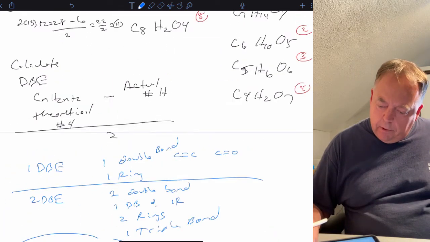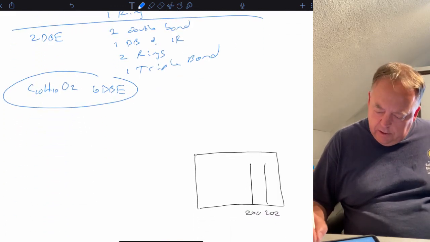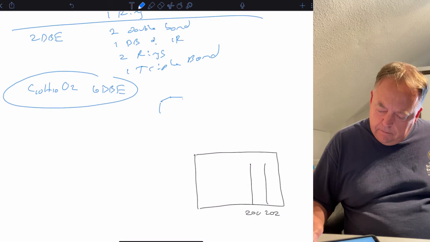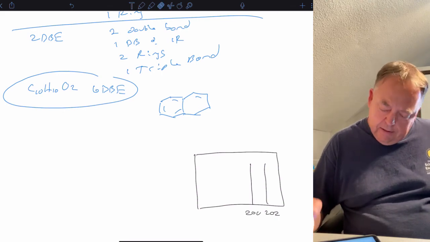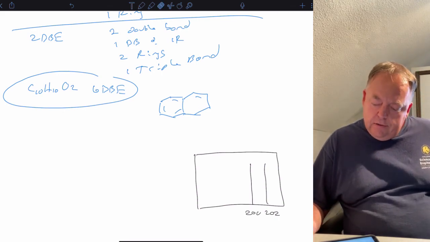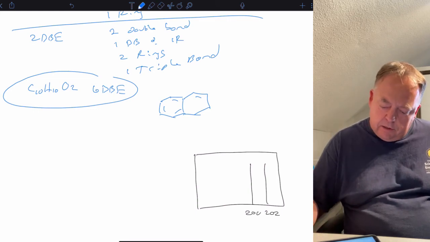And we have 6 double bond equivalencies, right? So that gives you information. So I could come up with a molecule. Let's see. So that's 10 carbons. 1, 2, 3, 4, 5, 6, that's too many double bonds. So 1, 2, 3 double bonds, 2 rings, that's 6 double bond equivalencies. So that's all my double bond equivalencies.